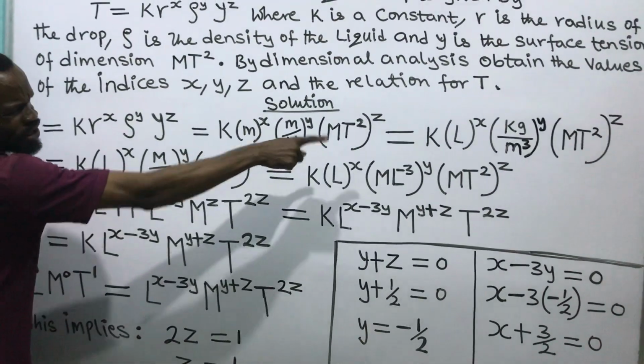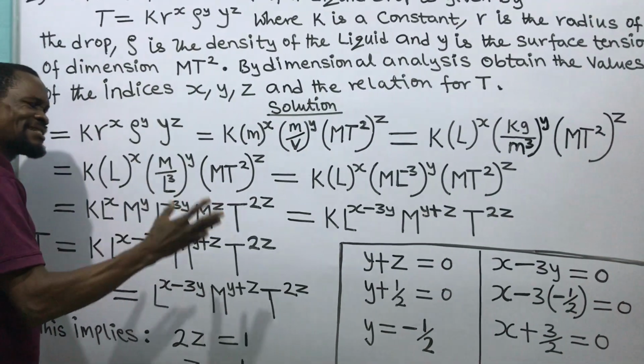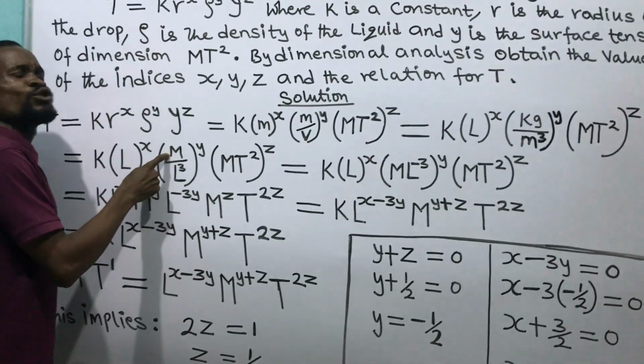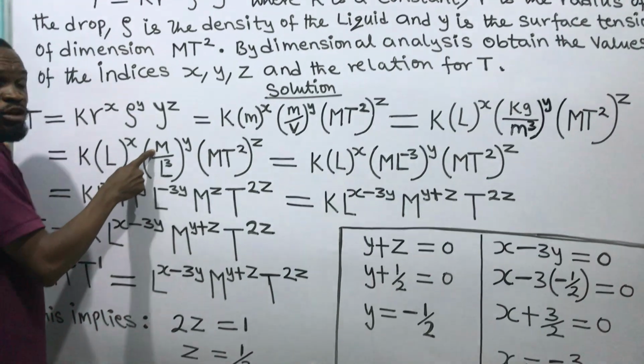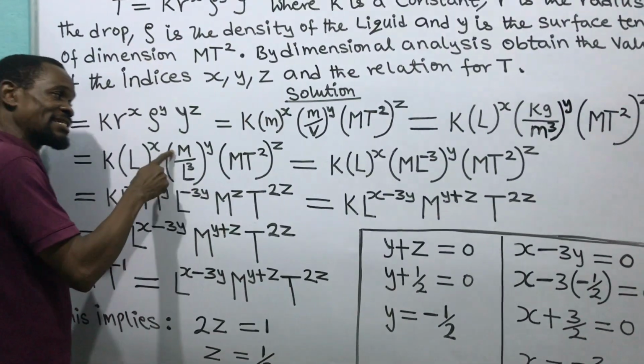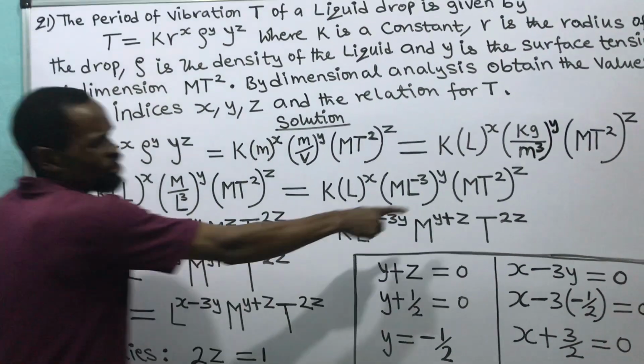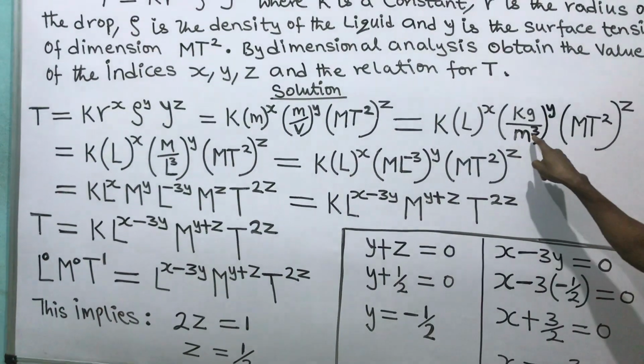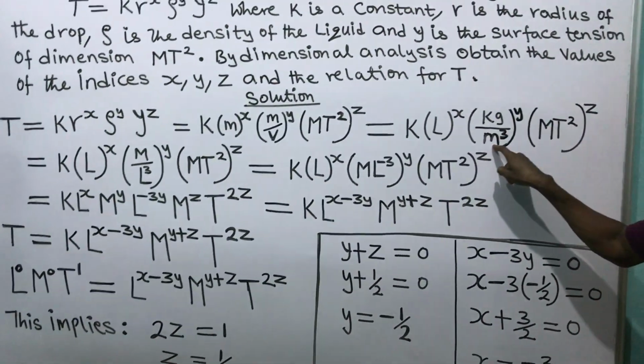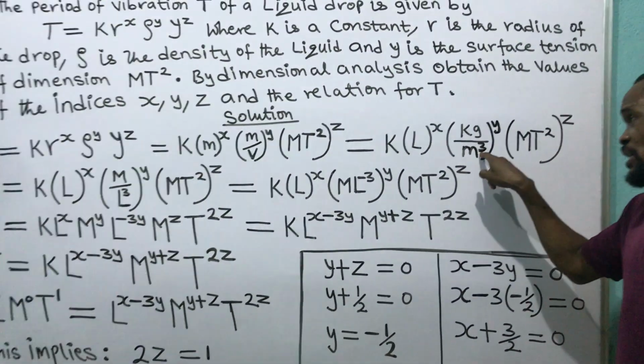The dimension of mass is capital M. The dimension of kilogram, which is mass, is capital M. And the dimension of meter cube? What is the dimension of meter? It is capital L. And it will be what?